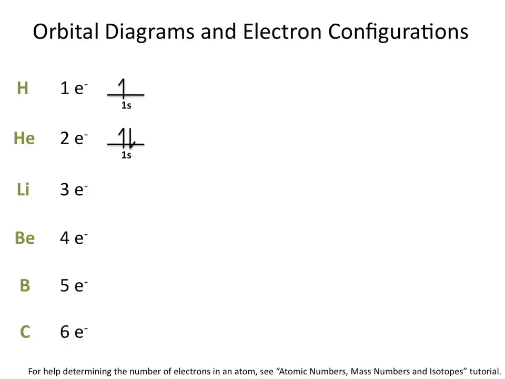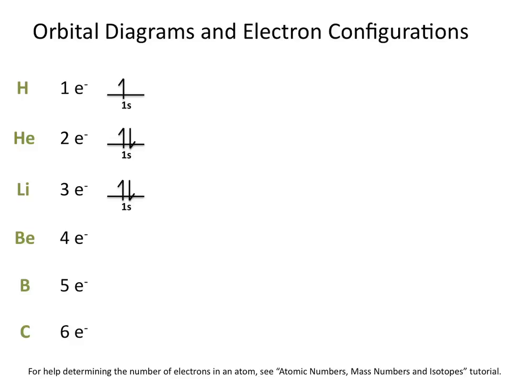Let's draw the electron configuration for lithium. We'll again start with the 1s subshell. It can hold 2 electrons. We always place electrons in the lowest energy orbitals first, so you always place electrons in the 1s orbital first.